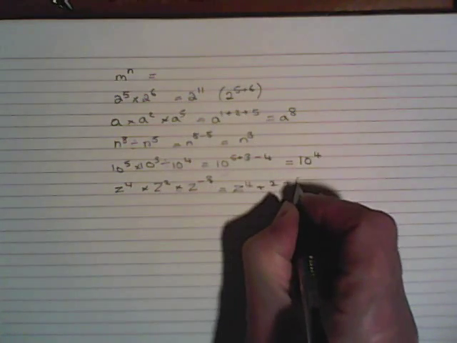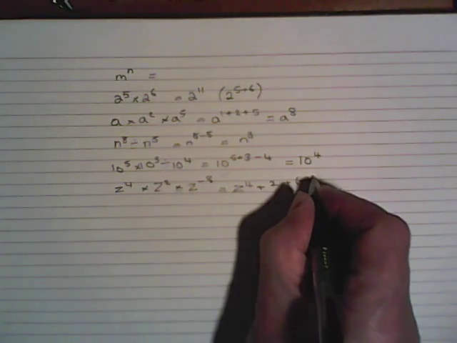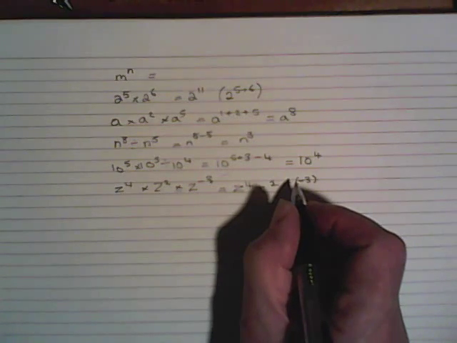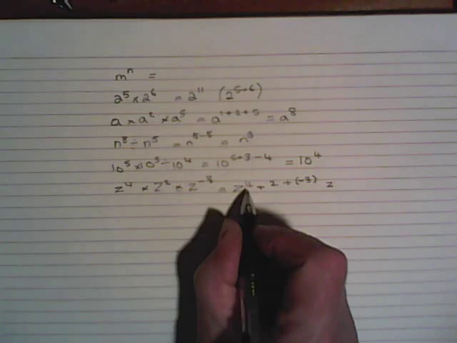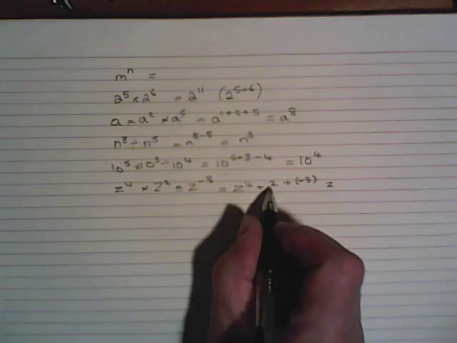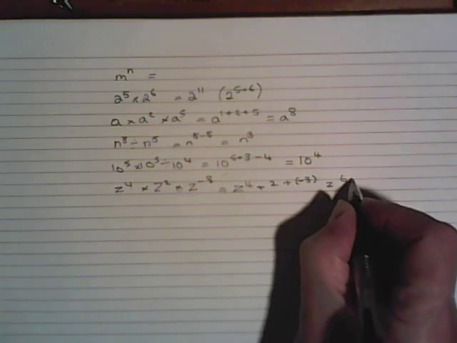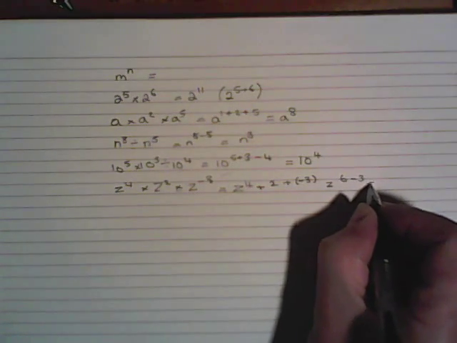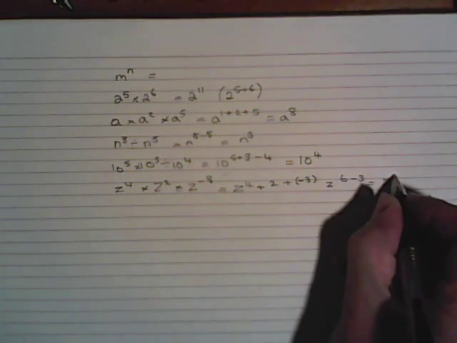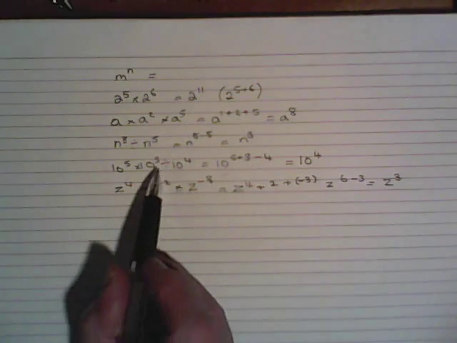It's plus minus 3. So if you don't mind me putting that like that, we end up with z to the power of 4 plus 2 minus 3, which equals z cubed.